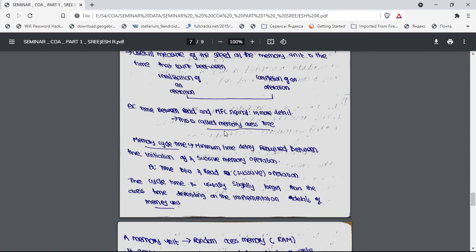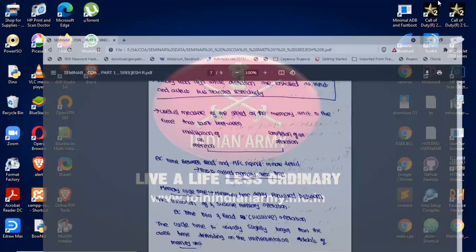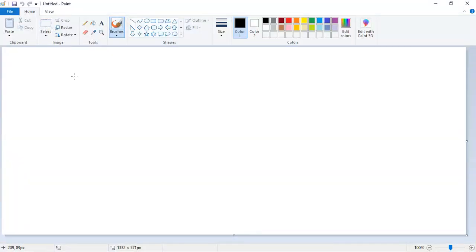So what is memory access time? Memory access time is the time difference between the initiation of an operation on the memory and the completion of that operation. So memory access time is the time of a single operation, not of different operations. Let there be an operation a, which is a read operation.